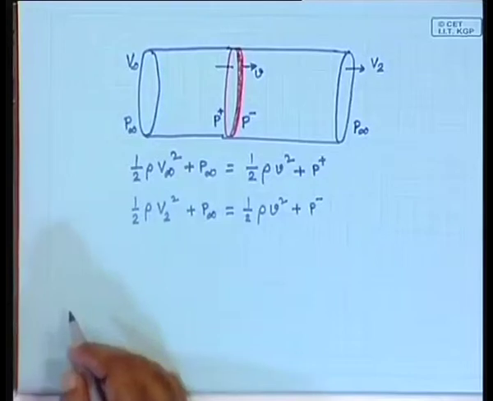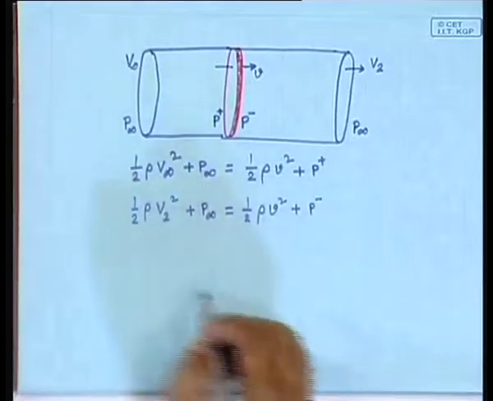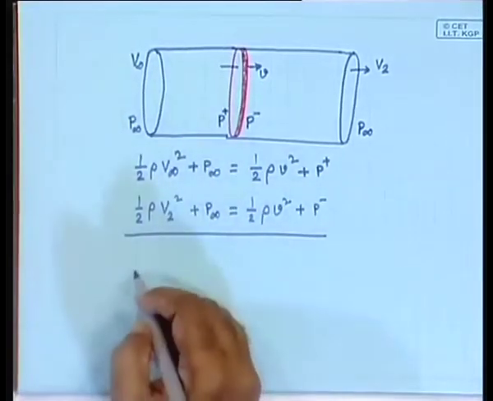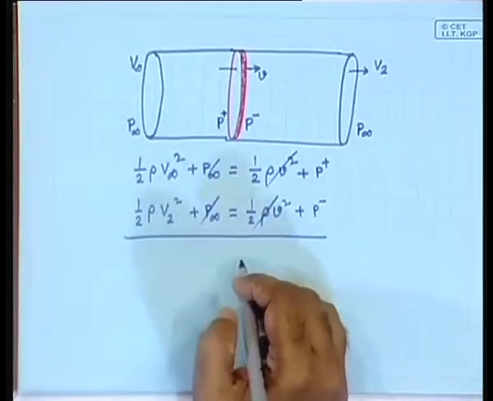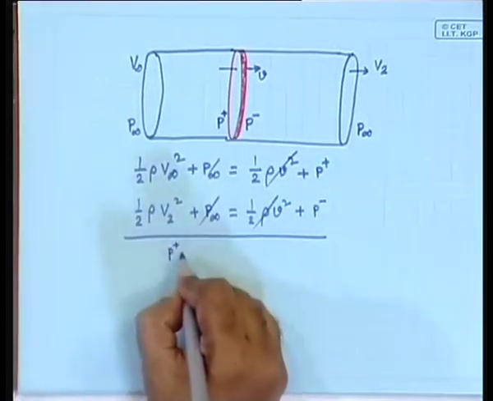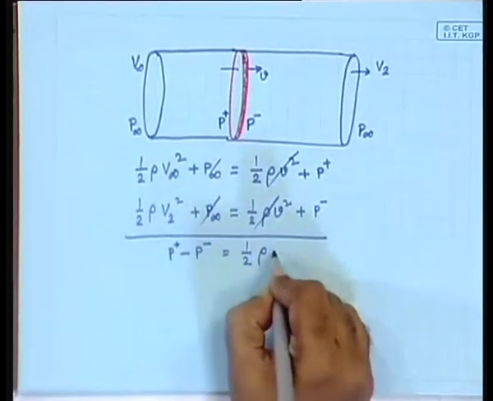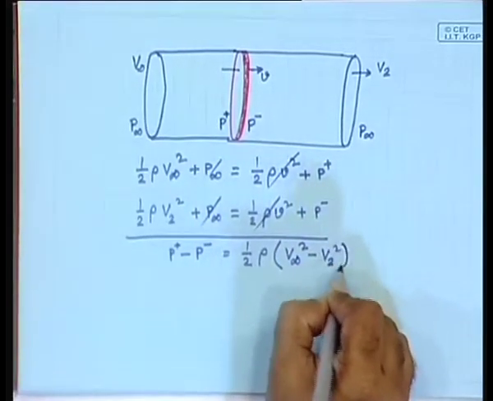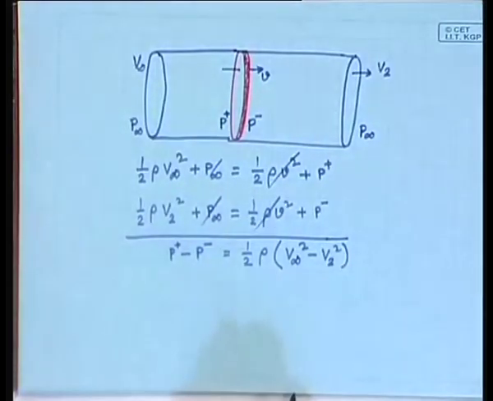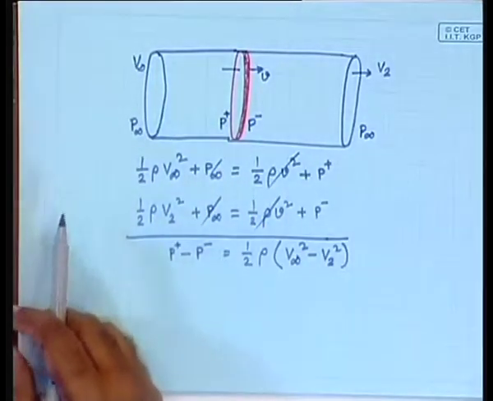Having written these two equations, we can subtract this from this, and as a result this cancels off, and we have P plus minus P minus is equal to half rho v infinity square minus v2 square. Good. This is one expression for the pressure difference between the two sides.